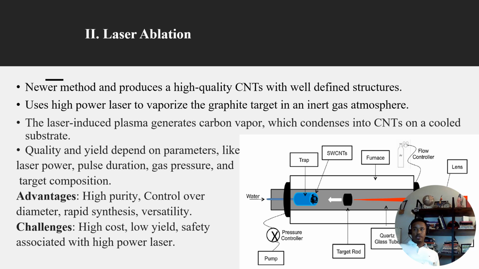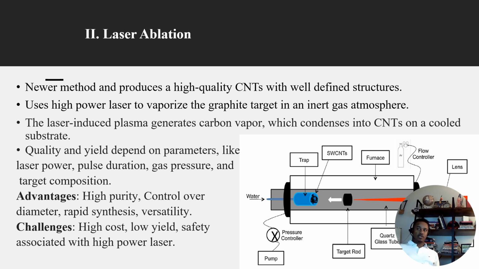The quality and yield of the produced carbon nanotubes depend on various parameters like laser power, pulse duration, gas pressure, and target composition. Some of the advantages of the laser ablation technique are that it produces high-quality carbon nanotubes with minimal impurities. It allows for better control over the diameter of the product. The process is relatively fast compared to other methods.